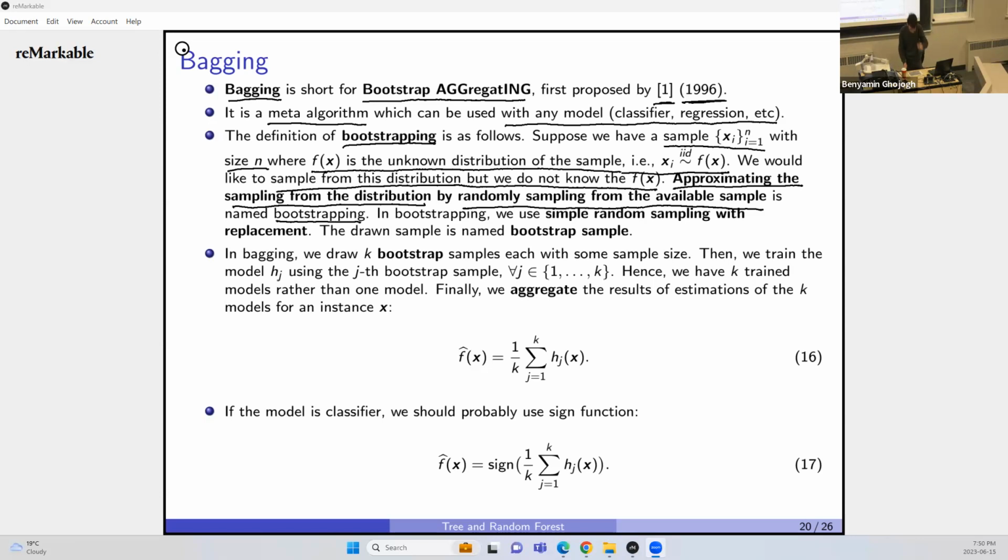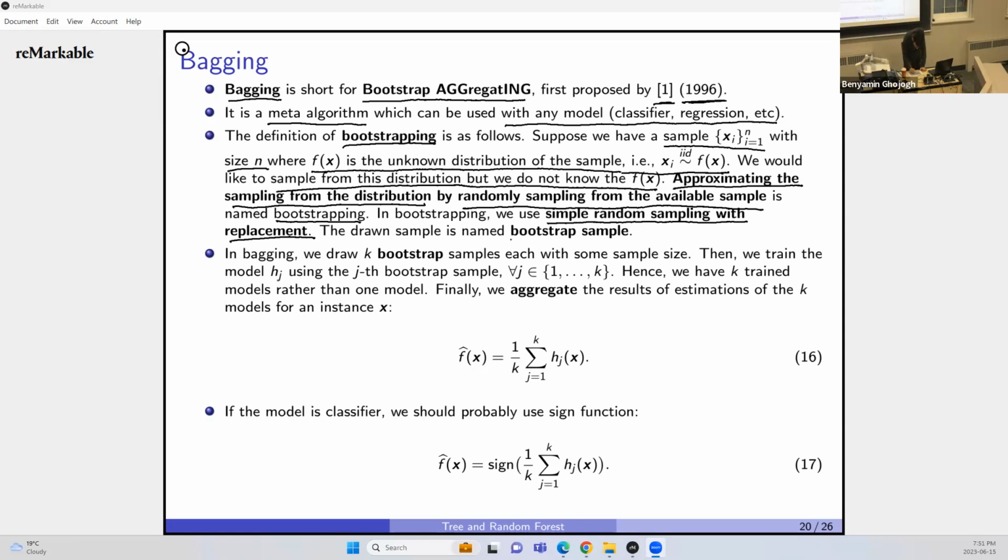And in bootstrapping, we use simple random sampling with replacement. What does it mean? Put these available samples in a bag, for example, and put your hand and take some of them, see them, and put those back in the bag and shuffle it again and take it again. So it's sampling with replacement.